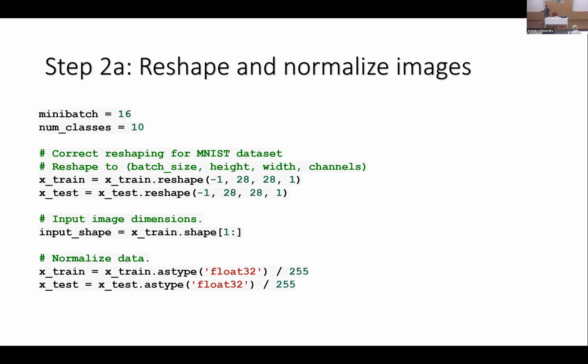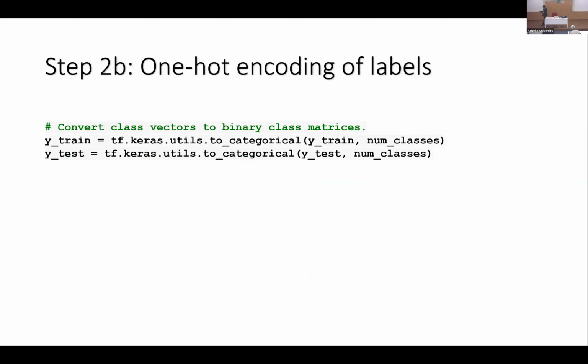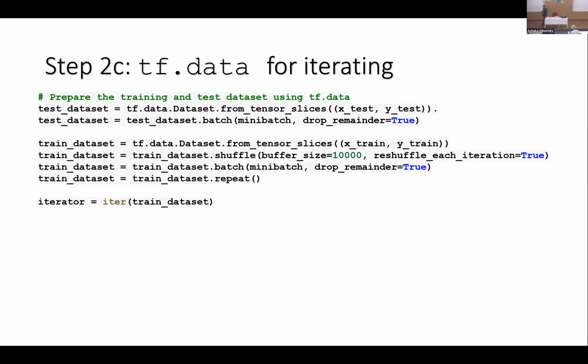These are just some steps that you need to do before using the data set. One hot encoding is another. One hot encoding means that when it is 1, you call it 0, 1, 0, 0, 0, and if it is 2, you call it 0, 0, 1, 0, 0, 0, right? So a particular kind of encoding that works for this case. Again, specific to the data set and application at hand.